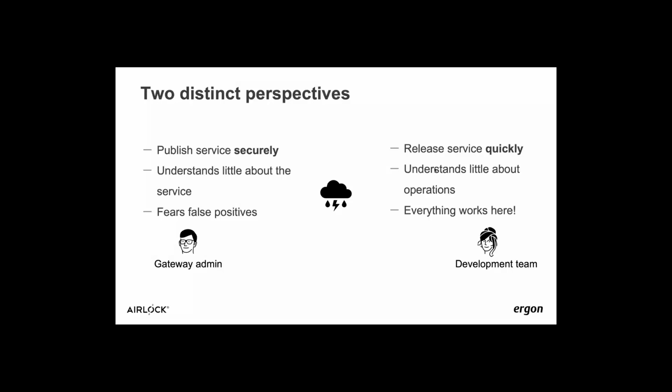And the developer, on the other hand, typically thinks everything works as long as it doesn't go through the gateway. So it's always the administrator's fault if something's broken. He's interested in releasing quickly because he may have a business with a fixed deadline for go live, and he's not so much into operations and guidelines and checklists that are relevant for the administrator.